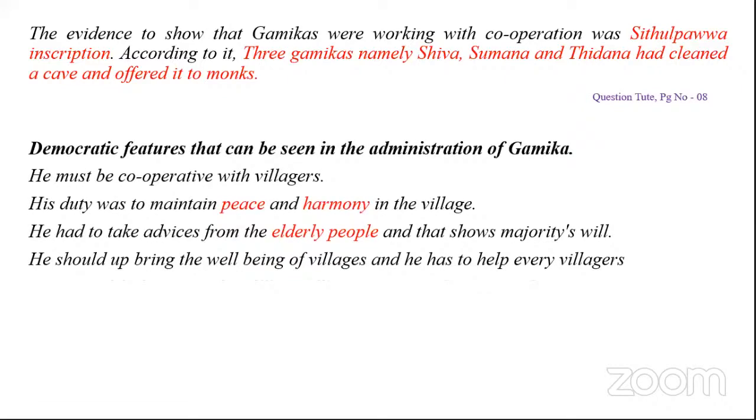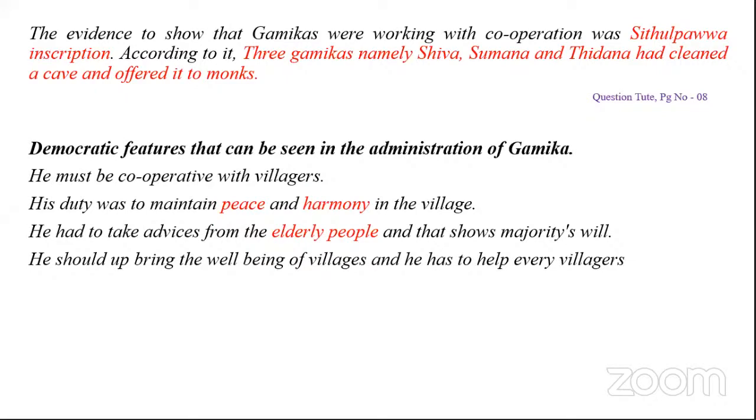The evidence to show that Gamikas were working with cooperation, I told you that every example is not needed, but on and off you have to write an example. This is the example about leaders working cooperatively. According to the Situlpa inscription, 3 Gamikas, namely Shiva, Sumana and Tidana, had cleaned a cave well and offered it to monks.